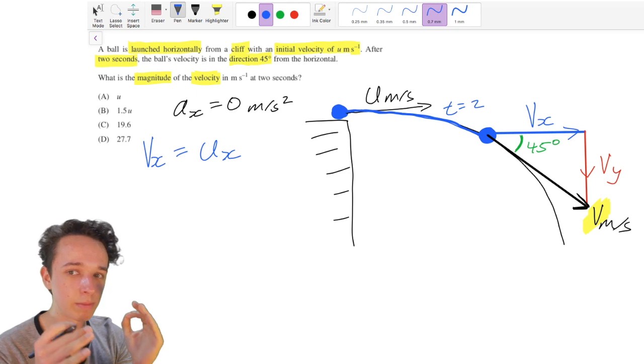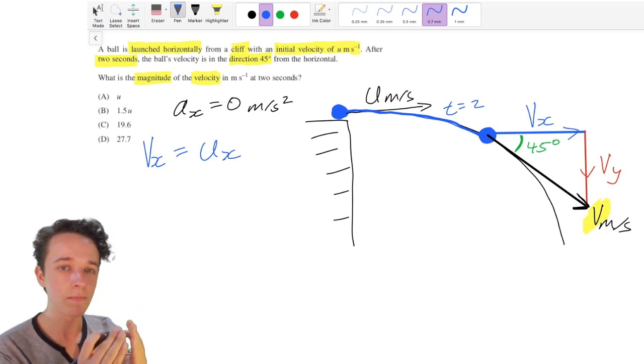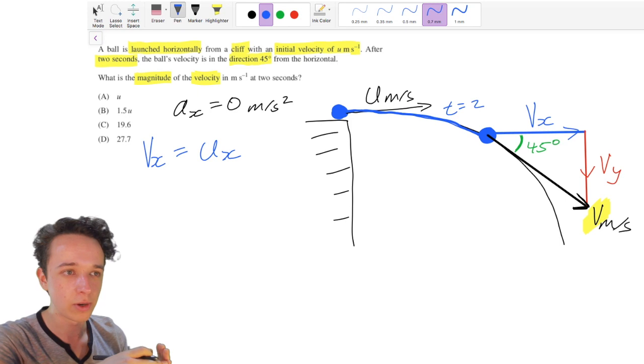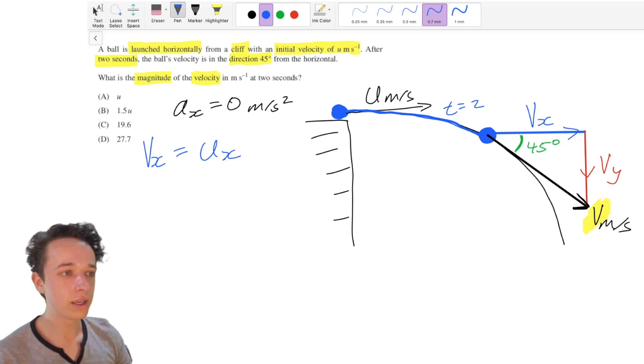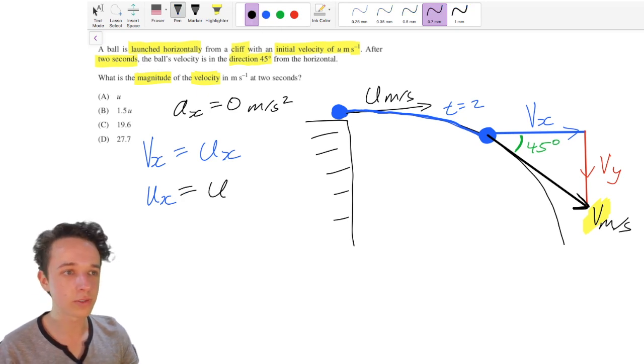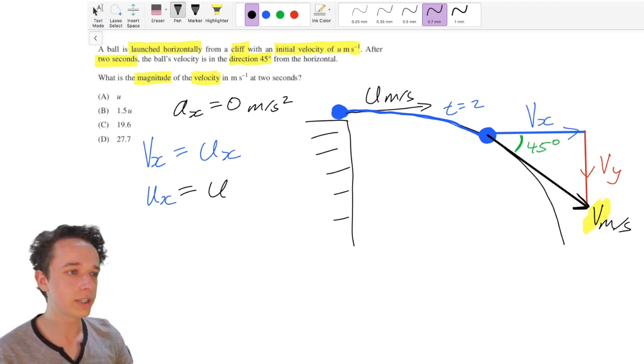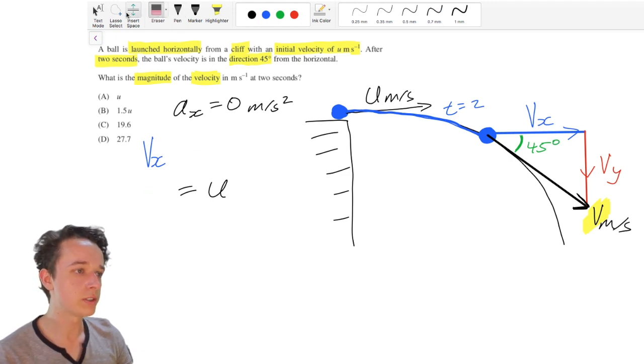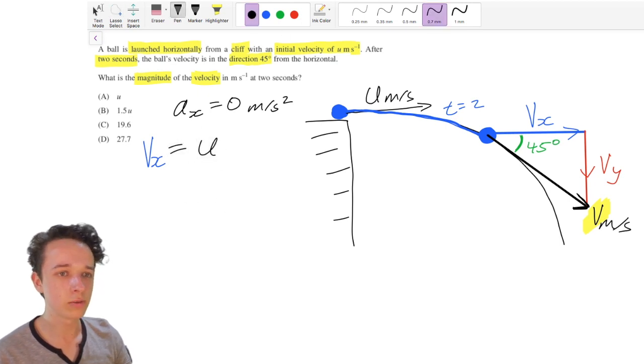All of the velocity at the projectile's initial launching point is solely in the x component. So the initial velocity in the x component is just u, that's how this vector is notated. So if Vx is equal to ux and ux is equal to u, then Vx must be equal to u. I'll notate it over here.